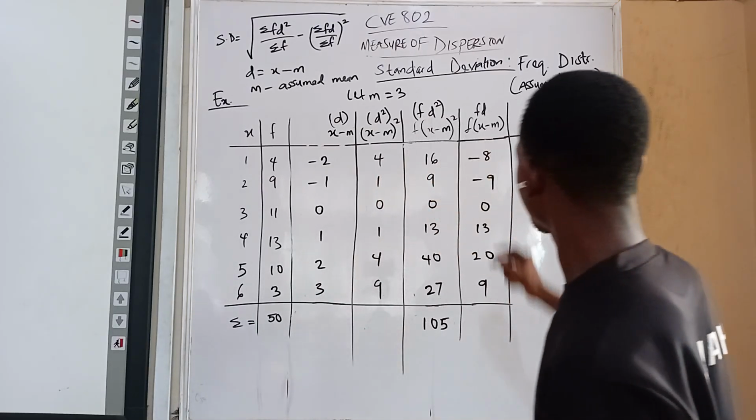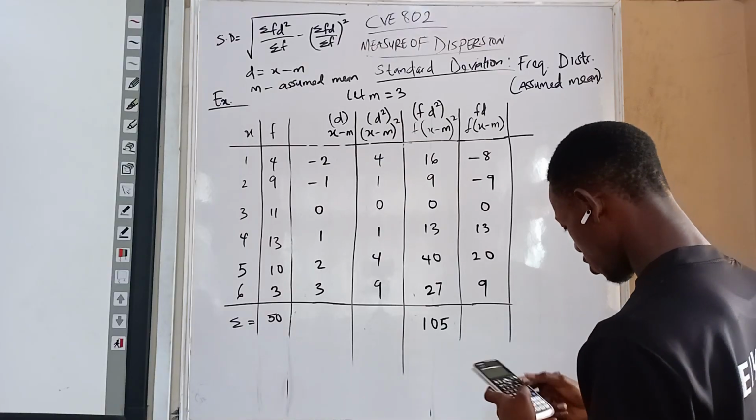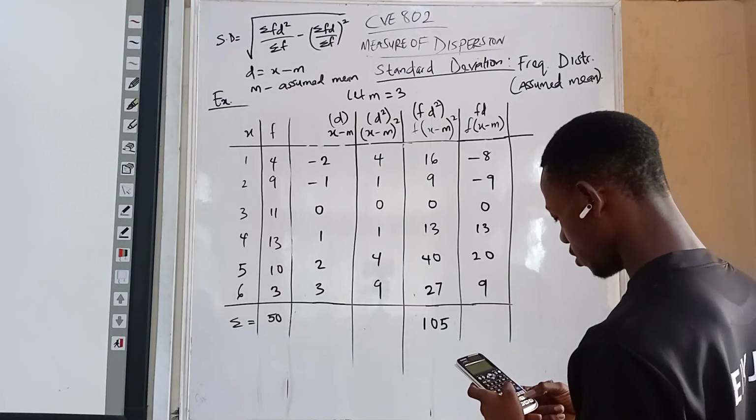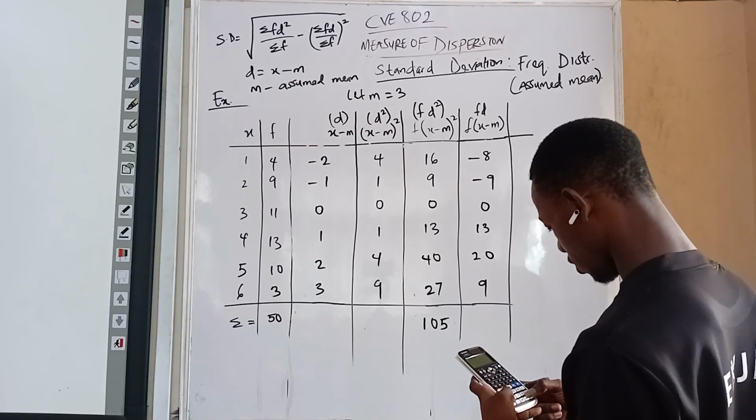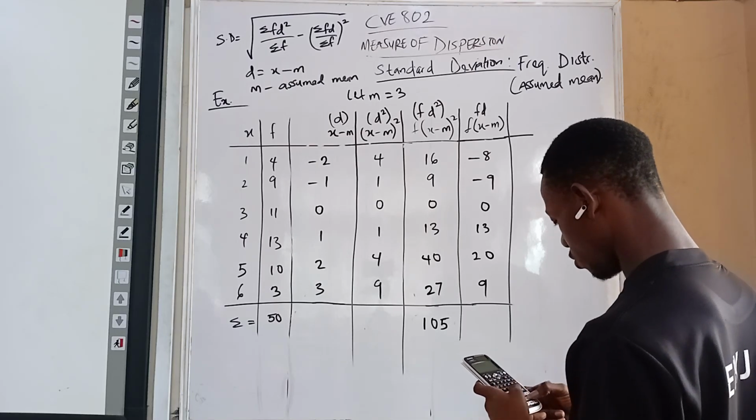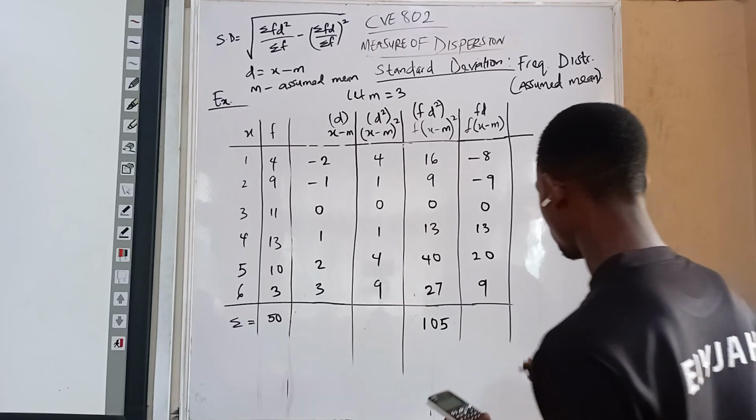That's what this one gives us. Then for the other, minus 8 minus 9 plus 13 plus 20 plus 9 gives 25.